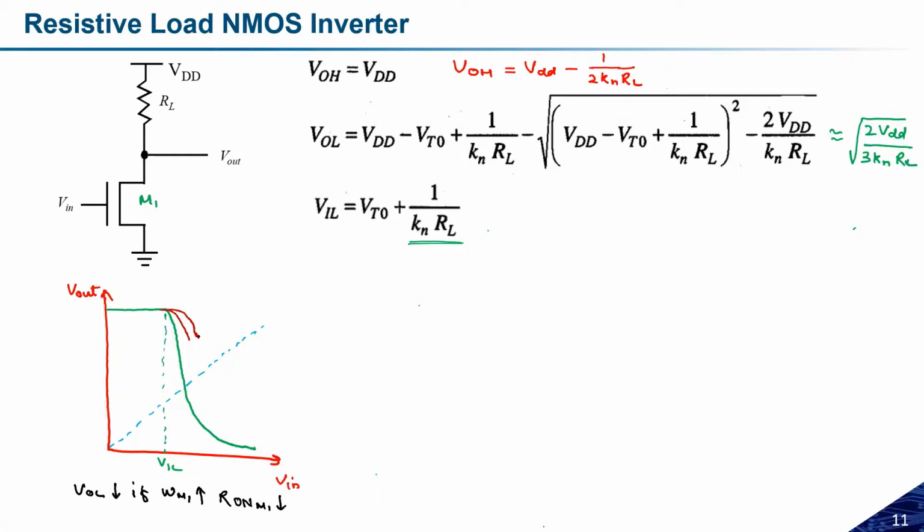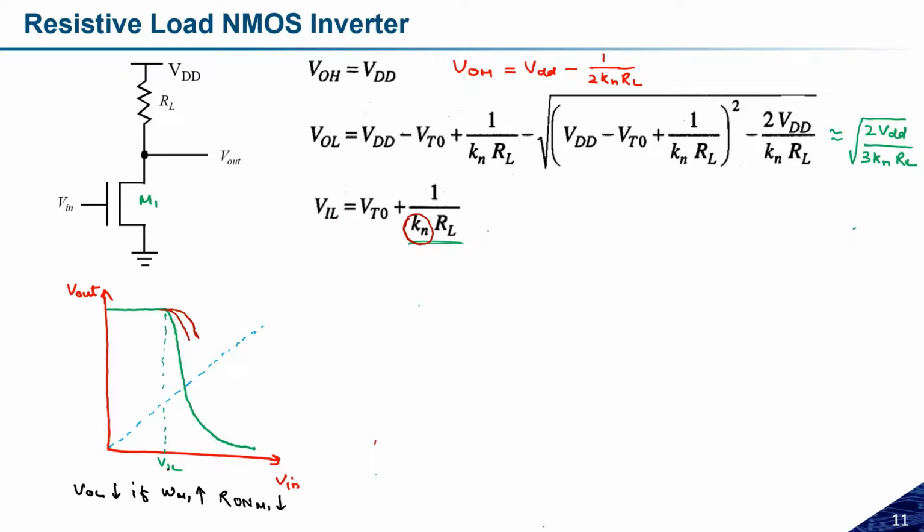Any doubt on this? What I'm saying is, if the strength of M1 is reducing, you are reducing the Kn. So if you reduce the Kn, this second factor will have some value, and if it has some value, the VIL will be greater than the VTH.